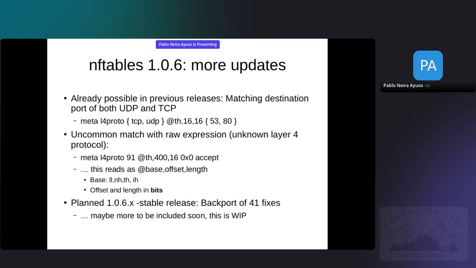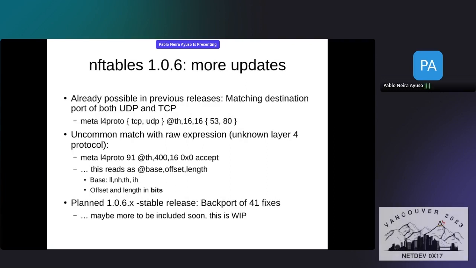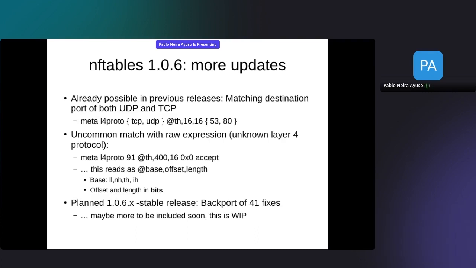What's next? It was already possible to match on destination port, both UDP and TCP. So this is not something new in 1.0.6, but I decided to introduce this example in this slide because it's actually related to the next item, which is this uncommon match. nftables is also capable of matching on strange transport protocols like this 91, and then match using the raw expression at any offset.